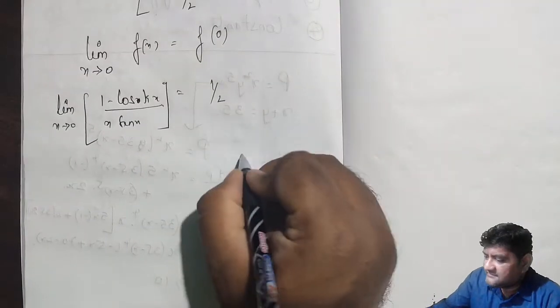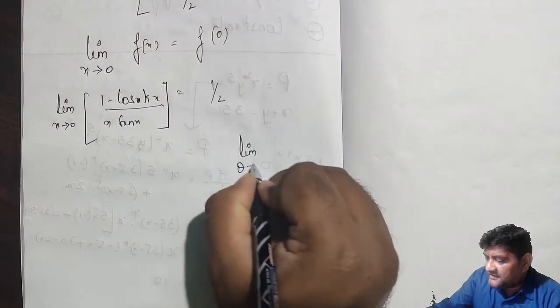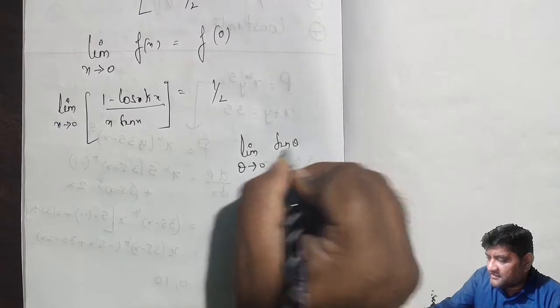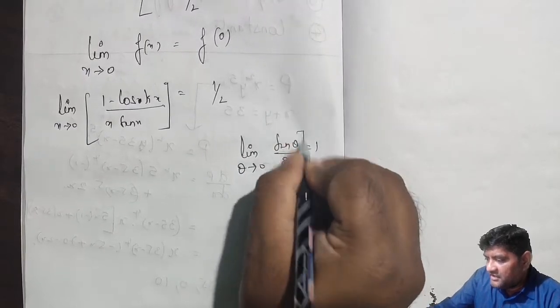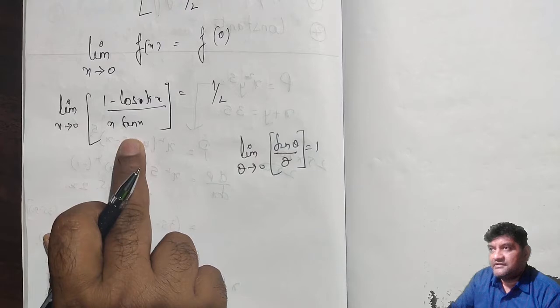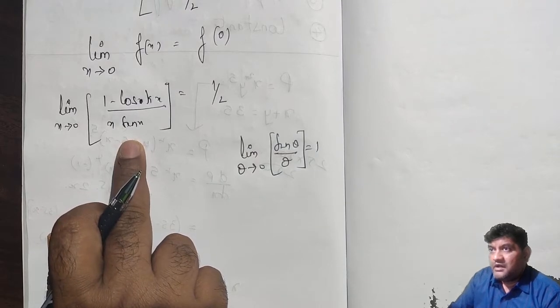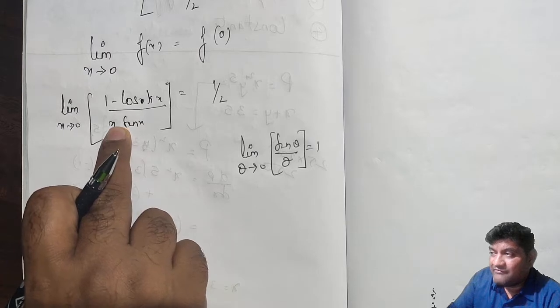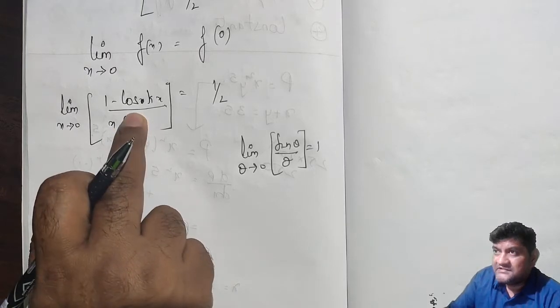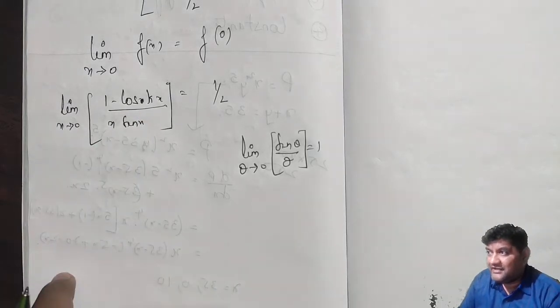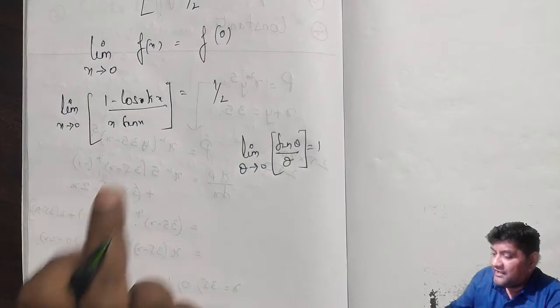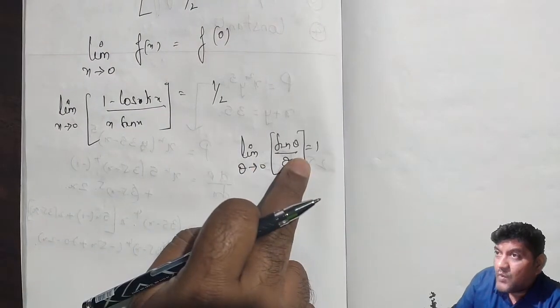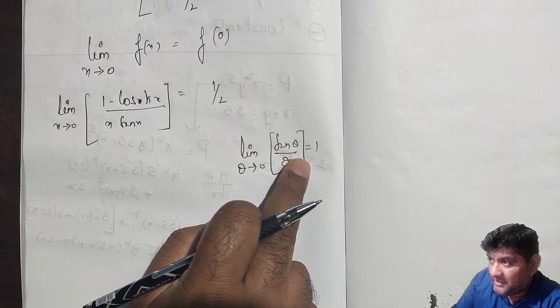You need to remember this formula. Limit theta tends to 0, sine theta by theta is going to be a 1. This is the formula that we're going to try and use here. Okay. I can't substitute the value for x is equal to 0 right away here because I'm going to have a 1 over 0 situation, which is an infinity or an undefined limit. And therefore, I need to convert this to this form. And how am I going to do that? I'm going to use cos 2 theta formula.